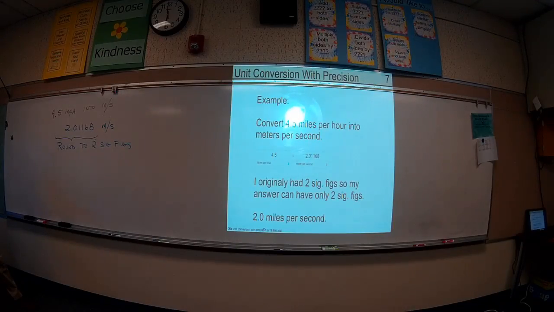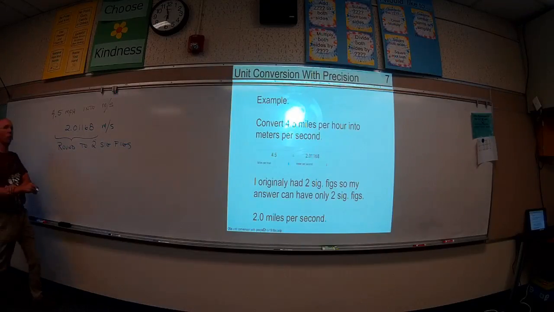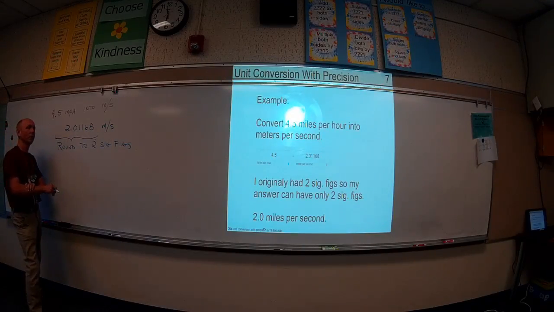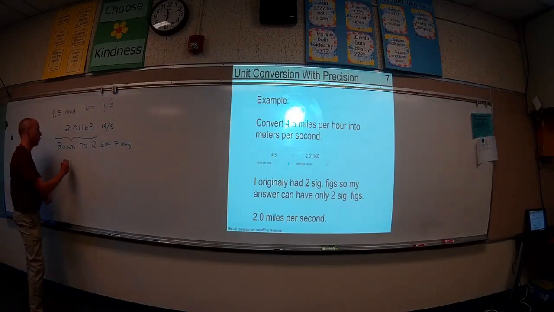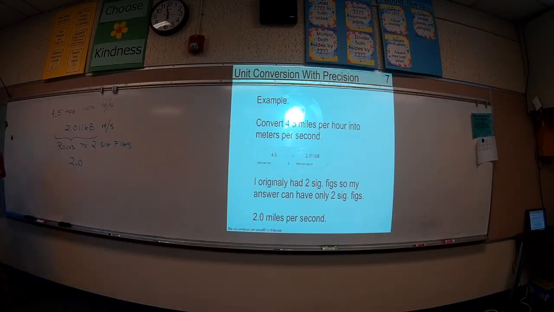Yeah, you got it, Jackson. Round it to 2 sig figs. 2.1, Chris? 2.0. That's 2 sig figs, not just 2, because just the number 2 would be 1 sig fig. 2.0 meters a second.